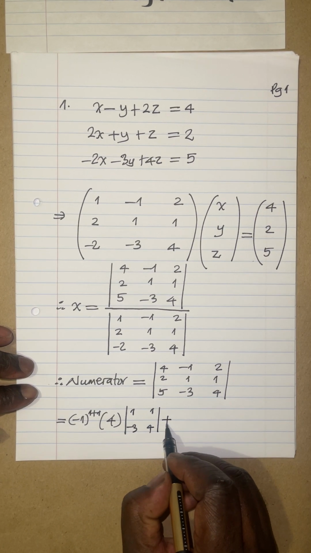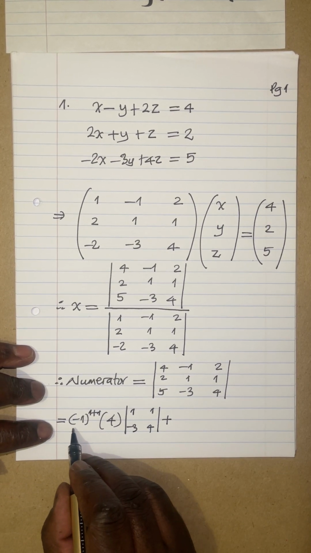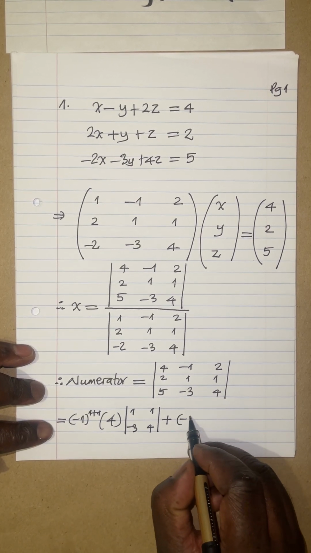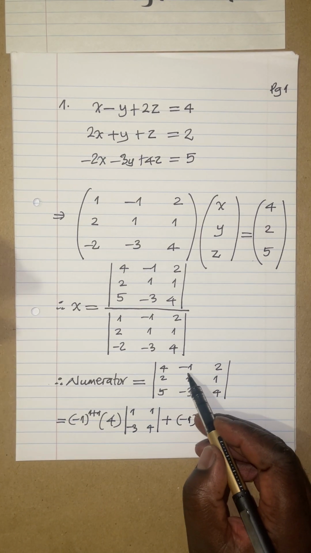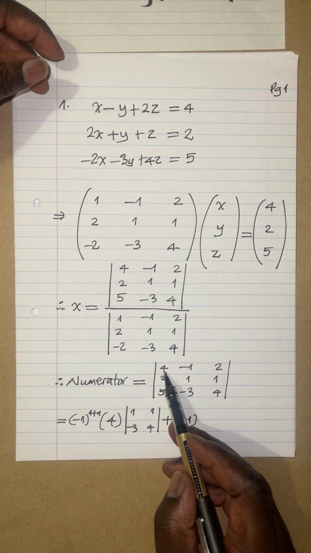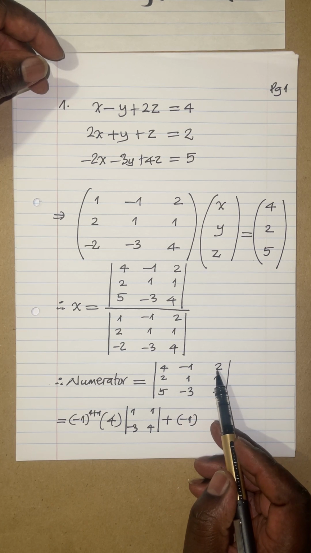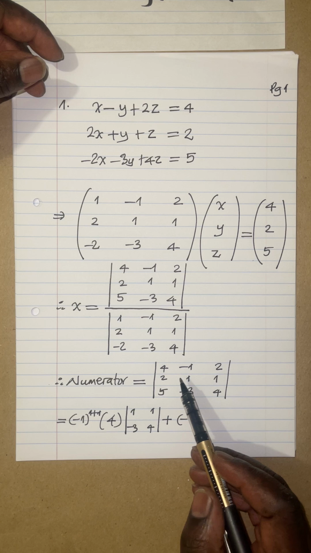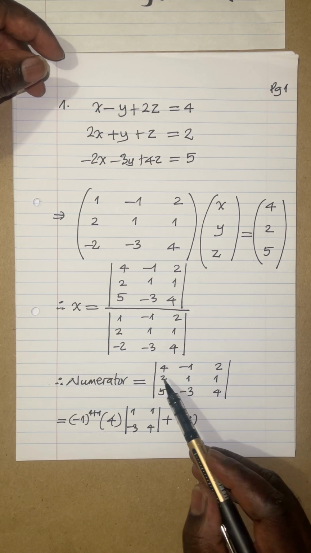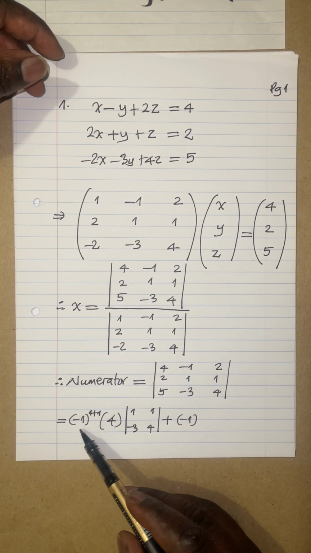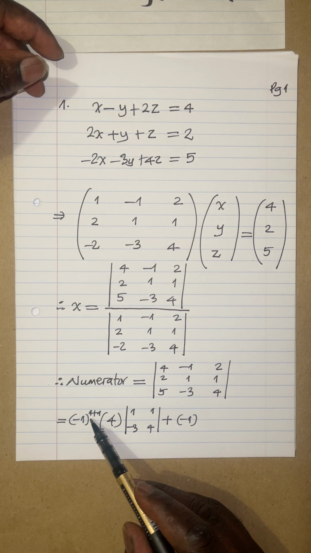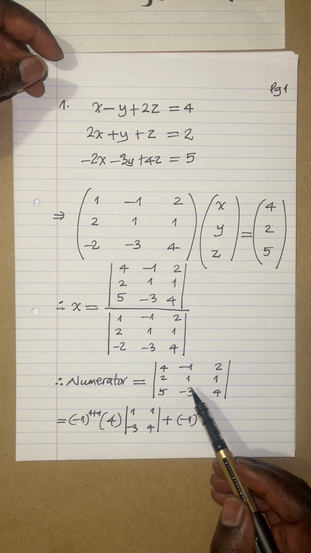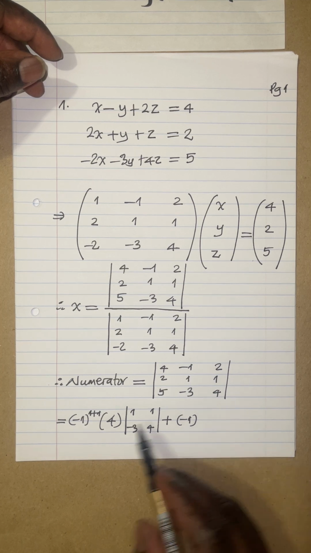And then plus, following the same path here, minus 1. But now I'm focusing on minus 1. Remember, from 4 you go to minus 1, and then you end up at 2. Or you can go down here, but I like to take numbers in the first row. So 4, and then I have the sign there, minus 1 to the power 1 plus 1. And then the next part is going to be minus 1, this one.